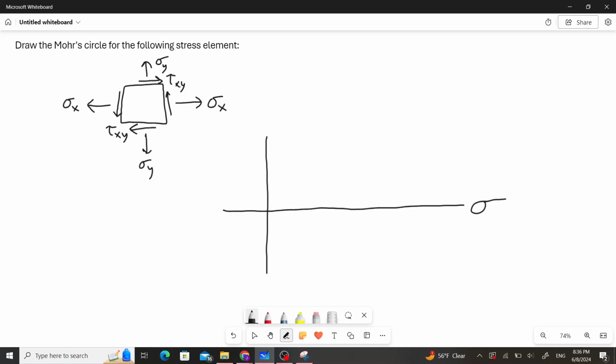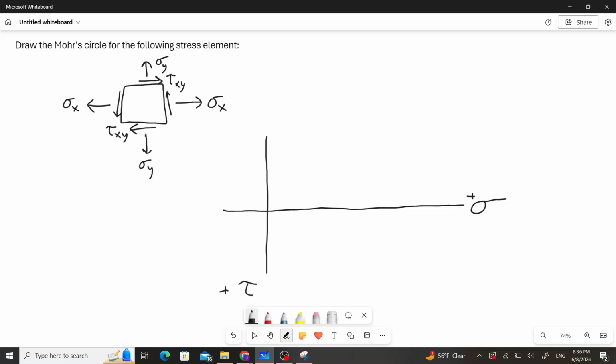The vertical axis is the shear stress axis, and it's positive downward. So the normal stress axis is the horizontal axis, positive to the right, and the shear stress axis is the vertical axis, positive downward.